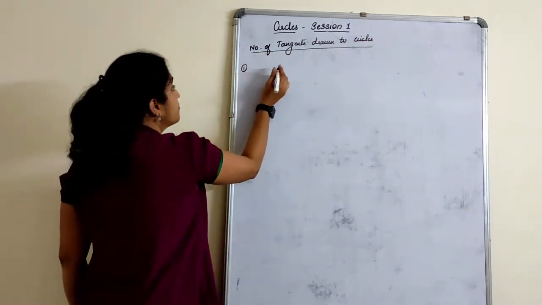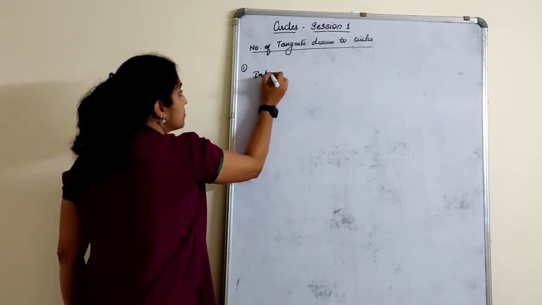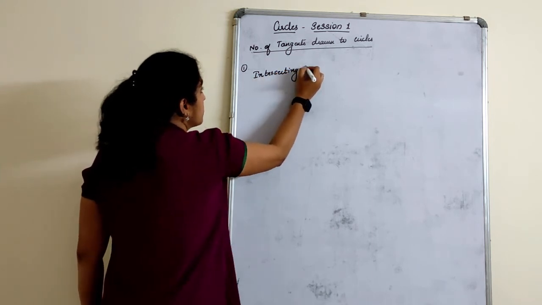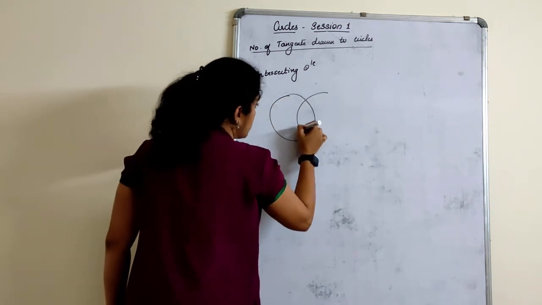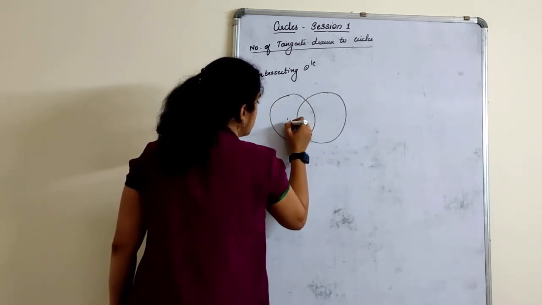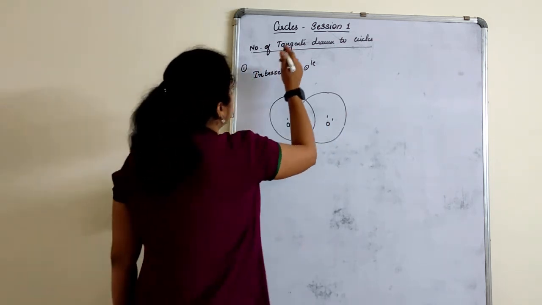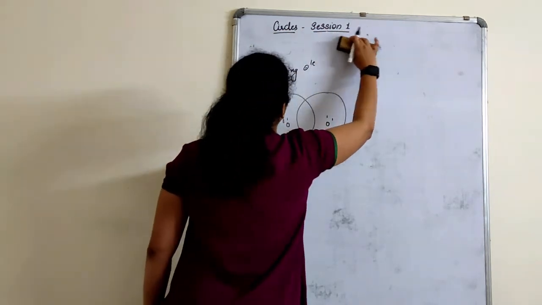First one, intersecting circles. So this is one circle, this is another circle, this is O, this is O dash. Oh, children, the heading should be number of common tangents.